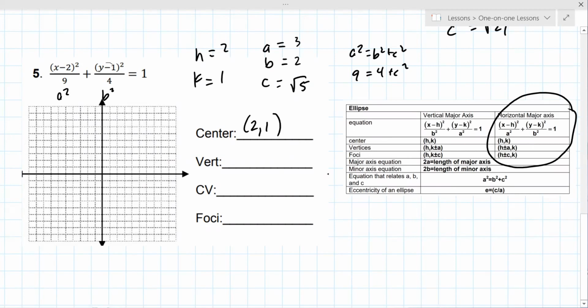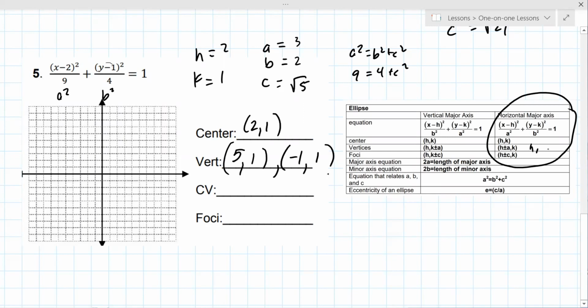The vertices are H plus or minus A. So H plus A, 5, comma, K, which is 1. The next vertex is H minus A, 2 minus 3, comma, K, which is still 1. The co-vertices are a little bit awkward.